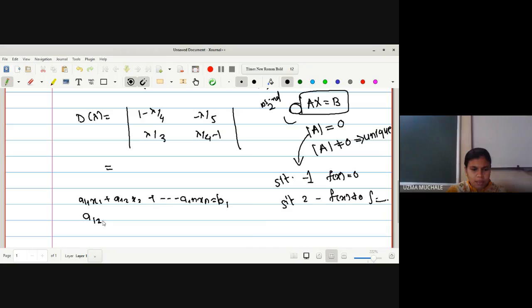The second equation will be with a21, a22 and so on. Okay. Can you please tell me what will be the meaning of these equations, a21x1 plus a22x2 and so on. The last equation I can write as an1 x1 and so on, which equals bn.